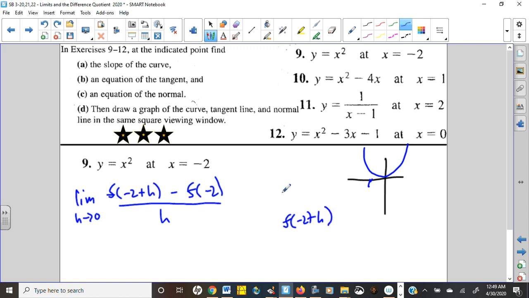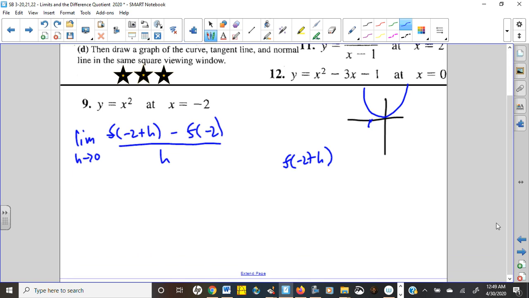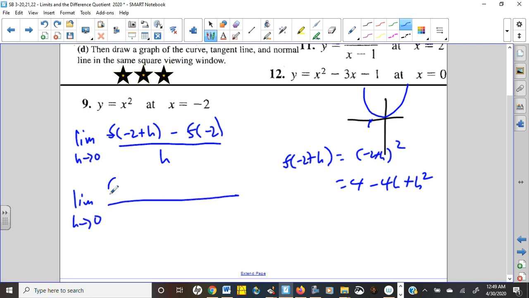If you do this within the formula, that's fine, because I think that's how a lot of the work is shown through the course pack, but otherwise you could do it off to the side and then substitute it in. So -2 plus h quantity squared is 4 minus 4h plus h squared. And f of -2 is -2 squared, or 4.